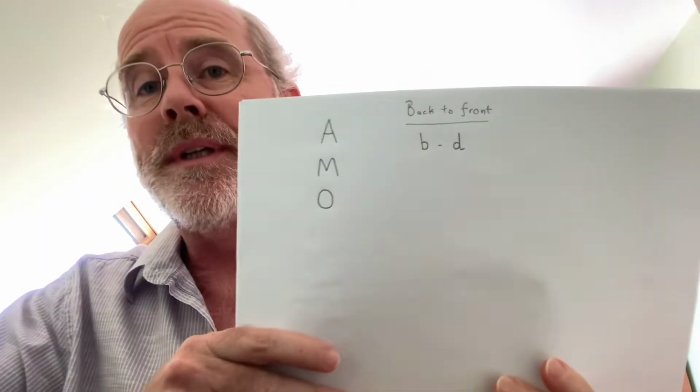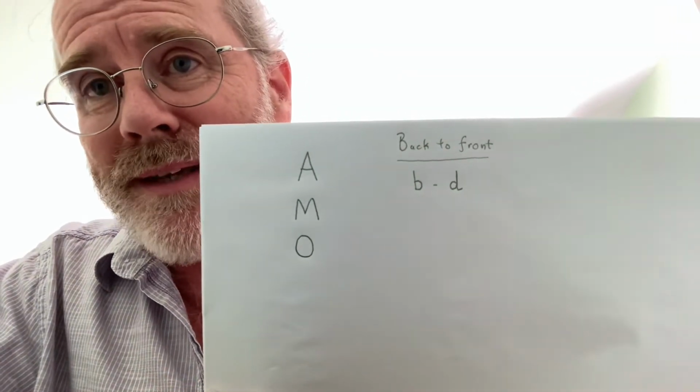So, for example, back to front. Well, if you look at the letter B, if you turn it back to front, you will see that B is very similar to D. So this is an example of how letters can be similar.